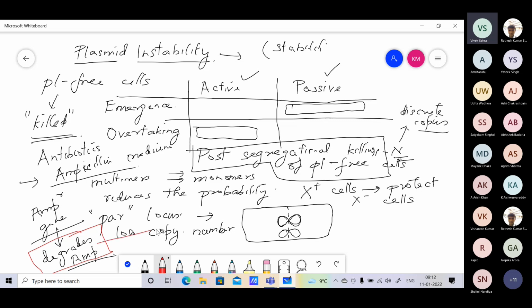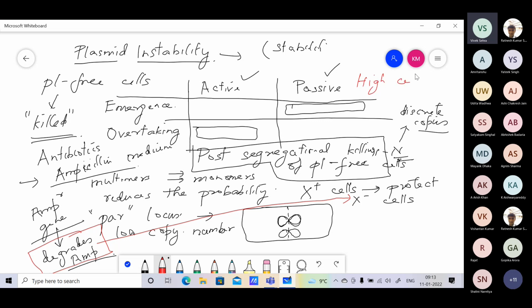This degradation provides the protection that you are seeking for the X minus cells. Ampicillin is degraded, and therefore X minus cells can actually emerge under the protection of X plus cells. This usually happens, as I said, with high cell density culture.